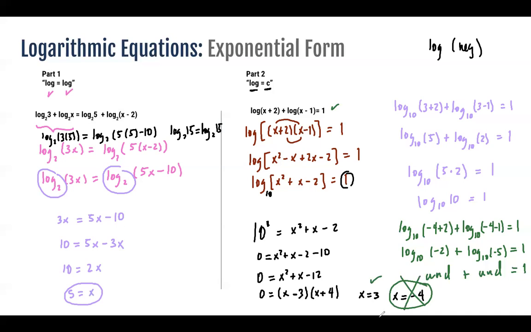So always test your answers. Perhaps I should have done the same thing on this one, but we only had an x over here. So perhaps I should have used the 5 before the combination of the logarithms to have a better understanding whether the 5 was actually an answer or not.